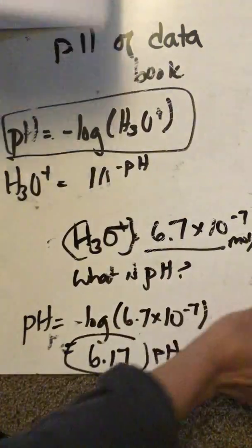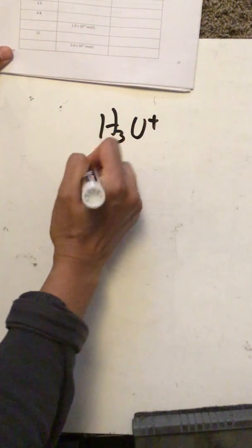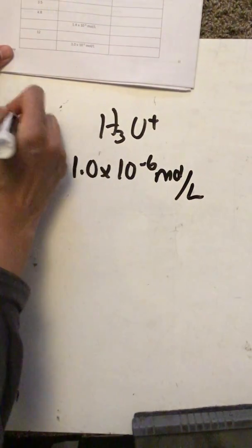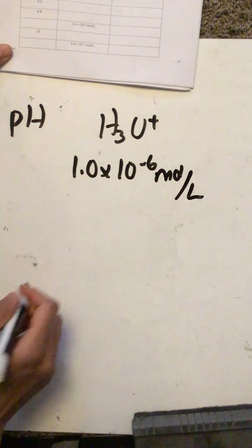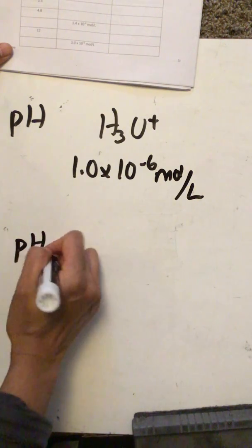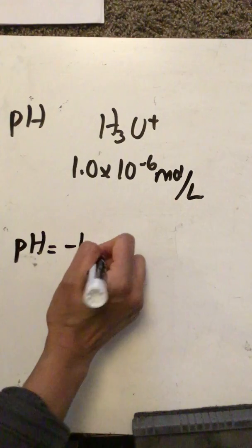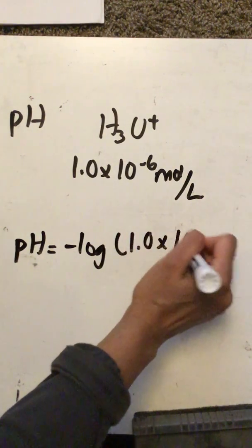We can even do this together if you are still kind of confused. They give you that H3O positive is 1.0 times 10 to the negative 6, and the units are moles per liter. What is pH? The formula is on page 11: negative log of 1.0 times 10 to the negative 6.